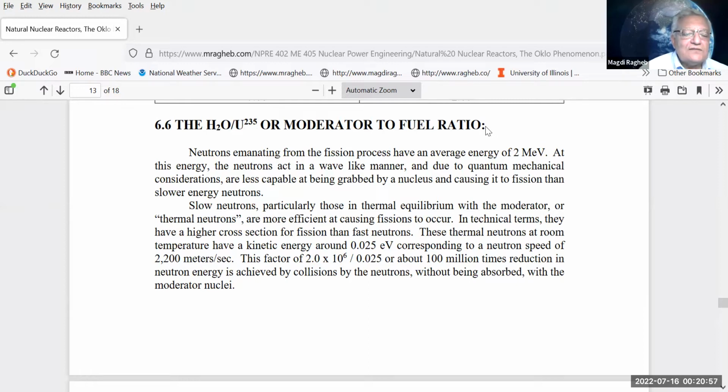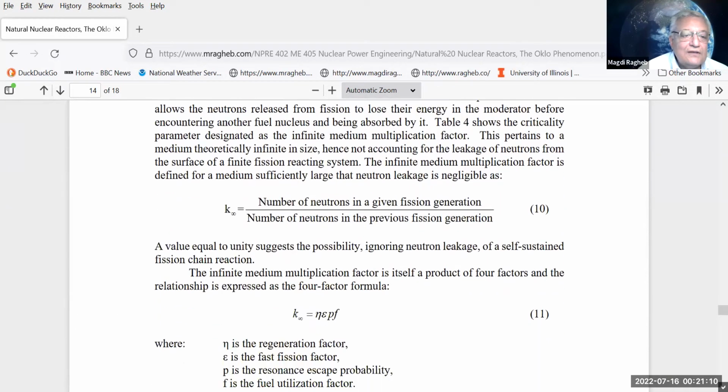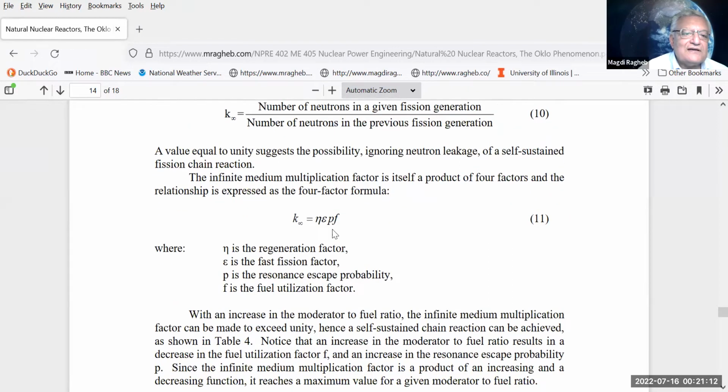Okay, wonderful. That means what? It means that we have to control the amount of fuel relative to the amount of the moderator present in our system. And that's still the case today. And that defines for us, in fact, that four-factor formula at the time of the Oklo phenomenon.